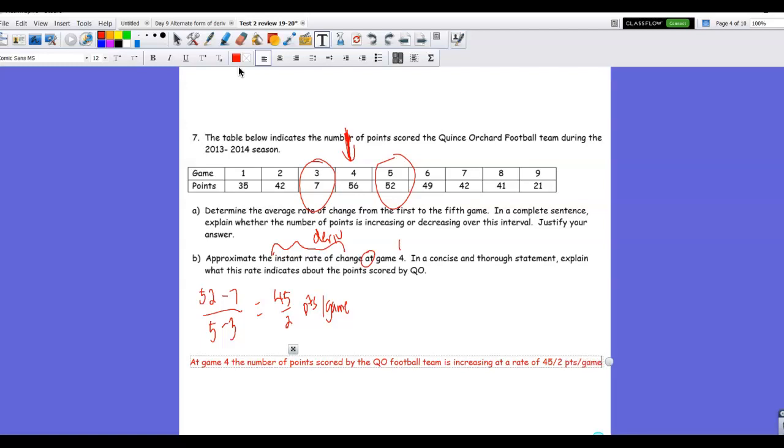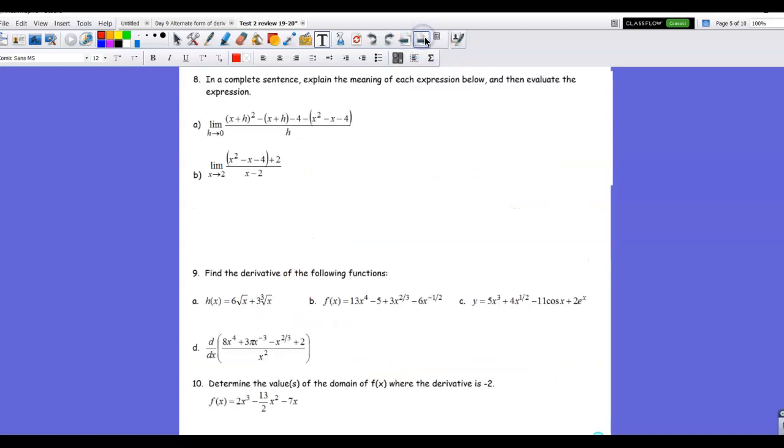It's change in y over change in x, the y units over the x units. 45 over 2 points per game, because the instant rate of change is positive. You could say derivative, but I'm just using their words. That's what we're looking for as an explanation. It has all the elements: at game 4, the quantity being described as points scored, the points scored are increasing, the rate, the units, and y.